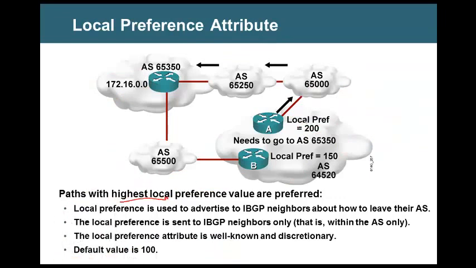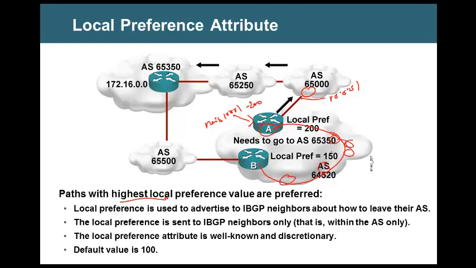So when I go to this R2 or RA, when I go to this RA and say neighbor 10.0.0.1 and then local preference is 200, what happens is this information will be shared to everyone in the autonomous system.